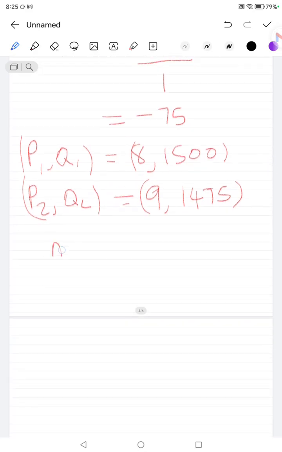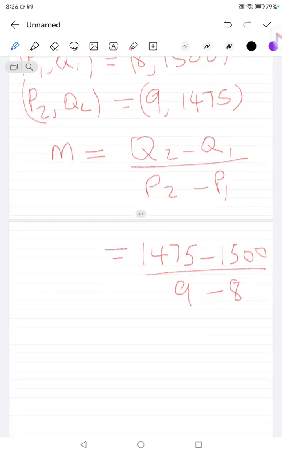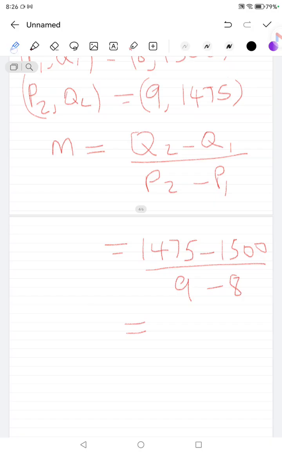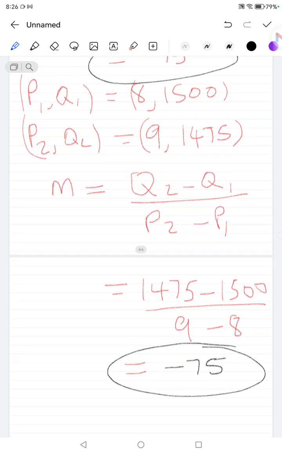Then you know your slope, m, is equal to Q2 minus Q1 over P2 minus P1. So you have 1,475 minus 1,500 over 9 minus 8. This should give you the same answer that you got on this side, which is minus 75.